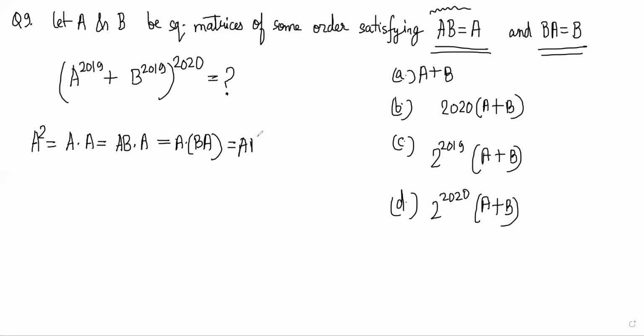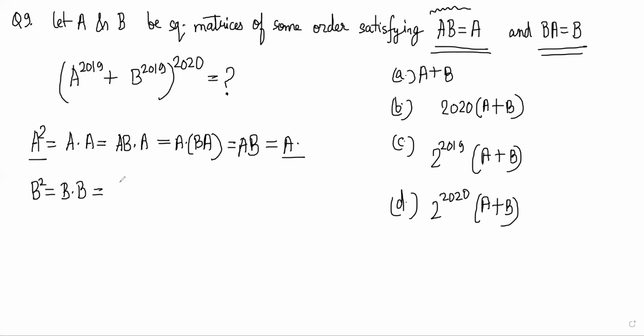So AB and AB is A, so you're getting A square is equal to A. B square is equal to B into B. So you can write B as BA.